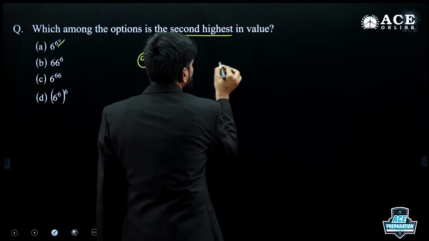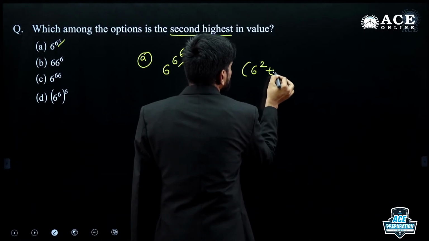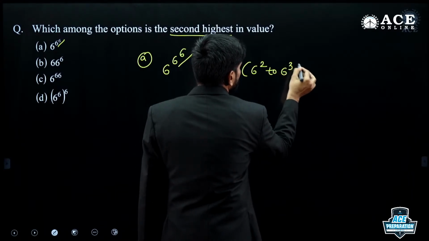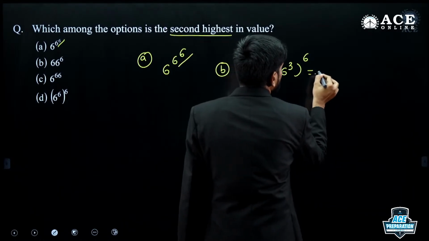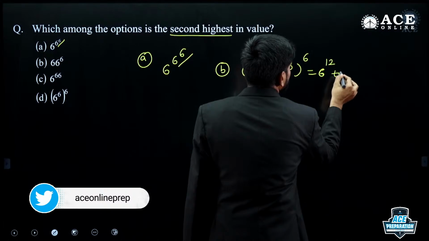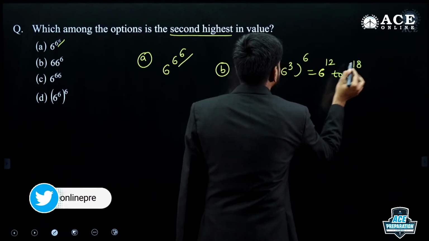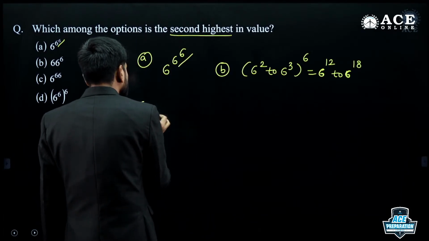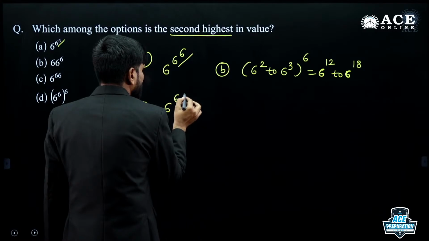B, 66 to the power of 6. That lies between 6 square to 6 cube whole to the power of 6, which is nothing but in the range of 6 to the power of 12 to 6 to the power of 18. Next, C. That is 6 to the power of 66 only.